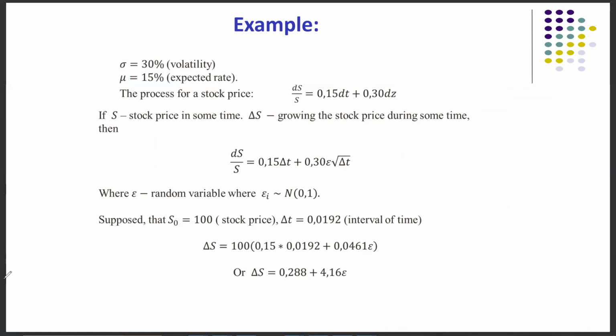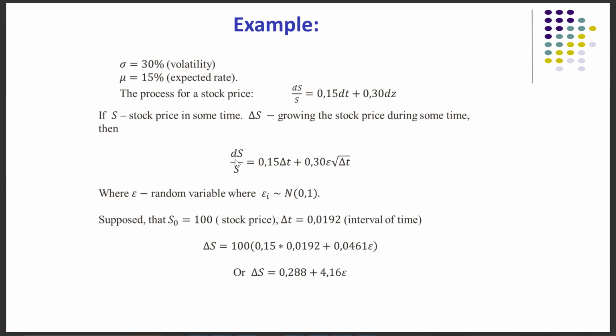And so from this example, what does it give us? Okay, we substitute this sigma and mu, and after that we can write dz as epsilon times the square root of dt, and we know what epsilon is.